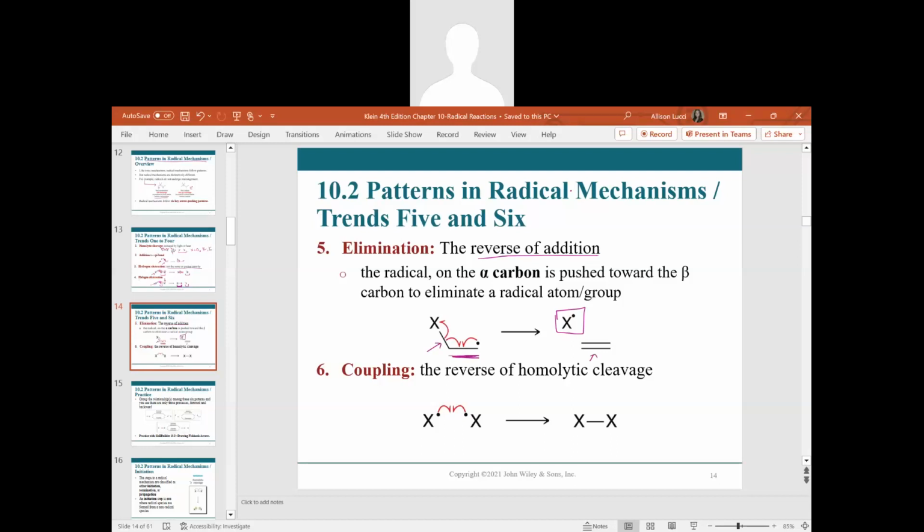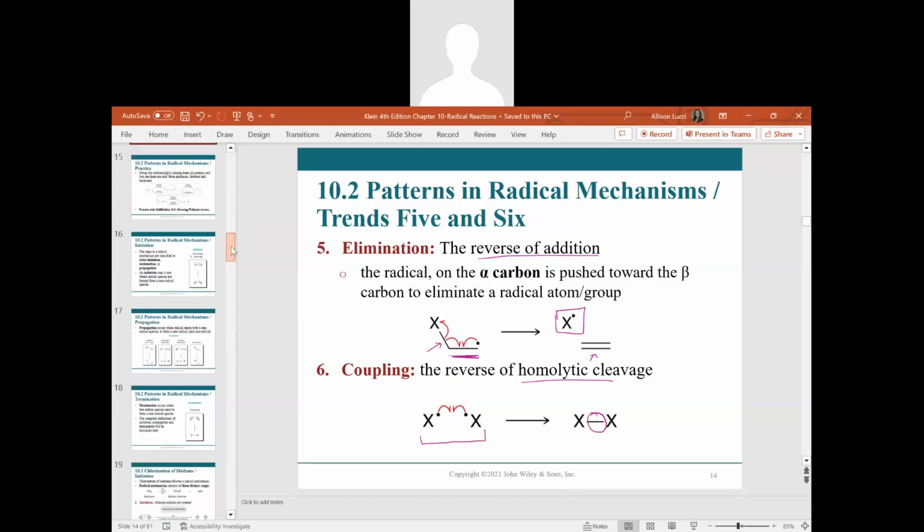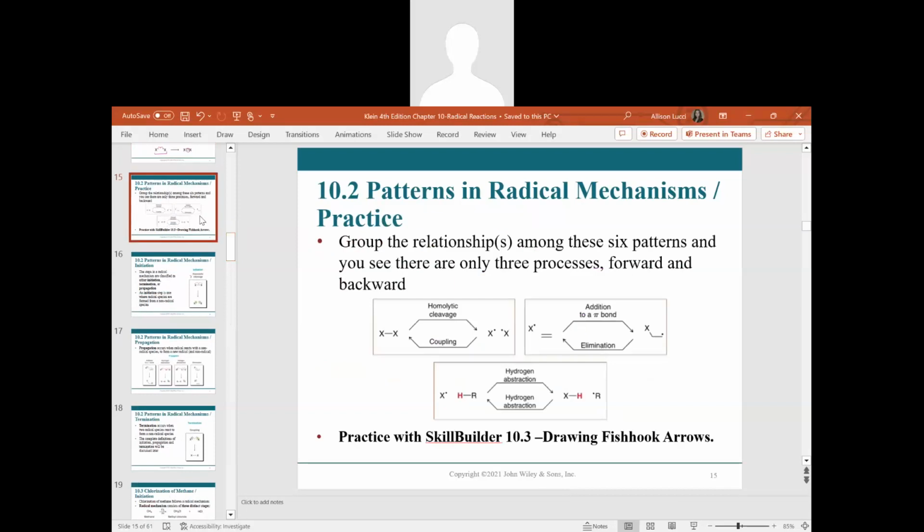That's what's shown over here. In our last pattern, the coupling pattern, we have two radical species that each contribute an electron to this covalent bond here. And this is the opposite, you can think, of homolytic bond cleavage, when we have this coupling of two radical species.